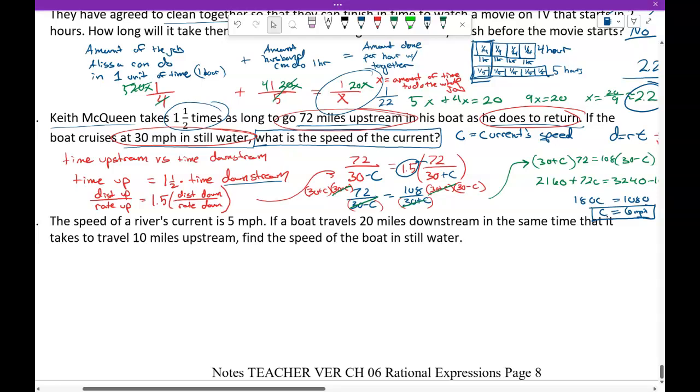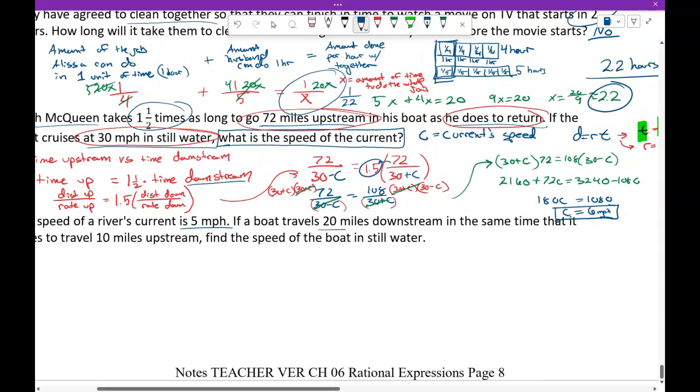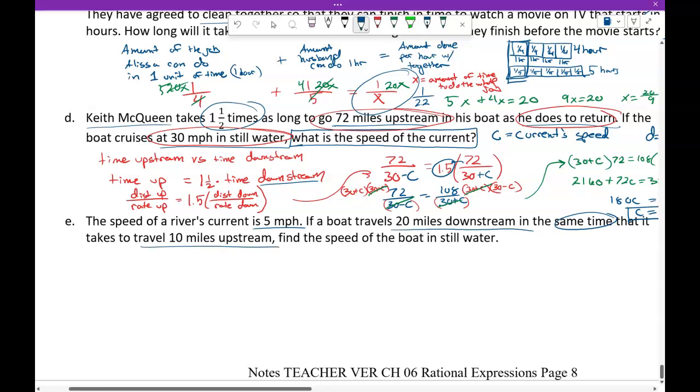Here we have another rate problem. The speed of the river's current is 5 miles per hour. A boat travels 20 miles downstream in the same amount of time that it travels 10 miles upstream. So just like we did before, we're comparing time upstream versus time downstream. And the time upstream and downstream are exactly the same.